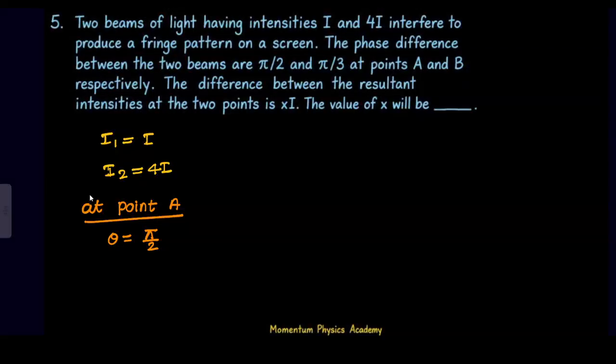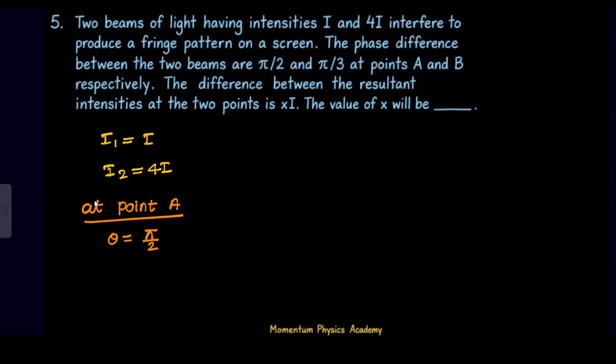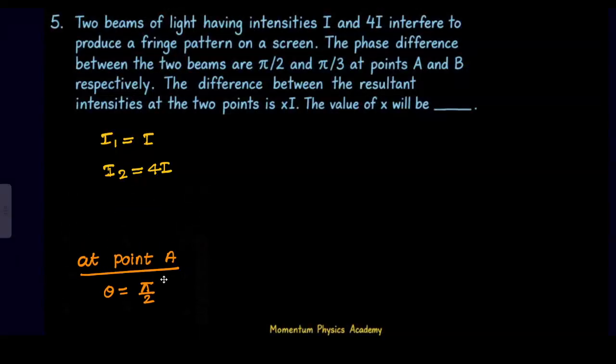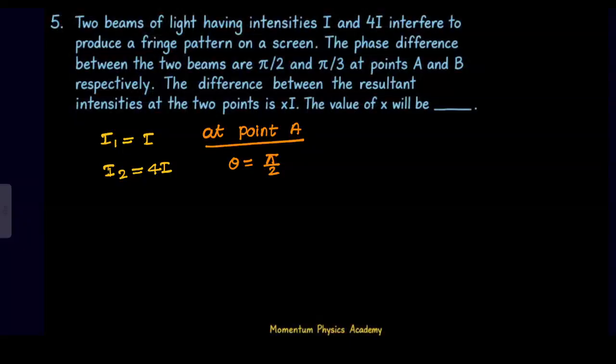And what is the resultant intensity formula? The resultant intensity IR is equal to I1 plus I2 plus 2 root of I1 I2 into cos theta.